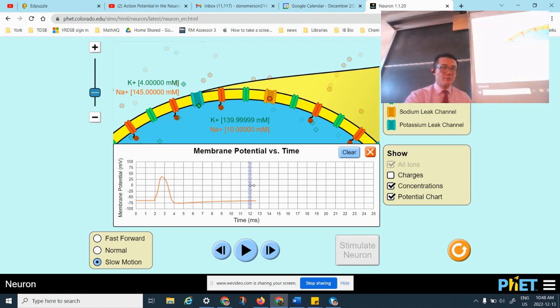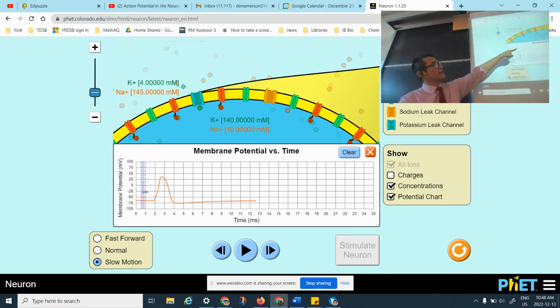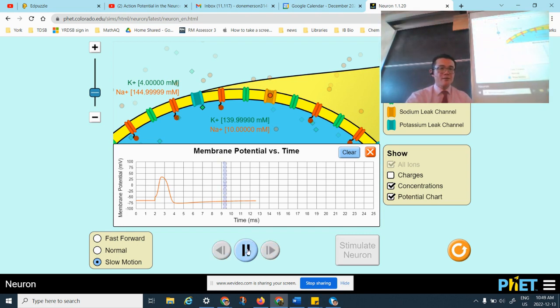At resting potential, it is 140 and 10 and 4 and 145. Before, it's not; it's slightly different. So during this period of time, called the refractory period, you can't stimulate the neuron, or this section of the neuron, at all.